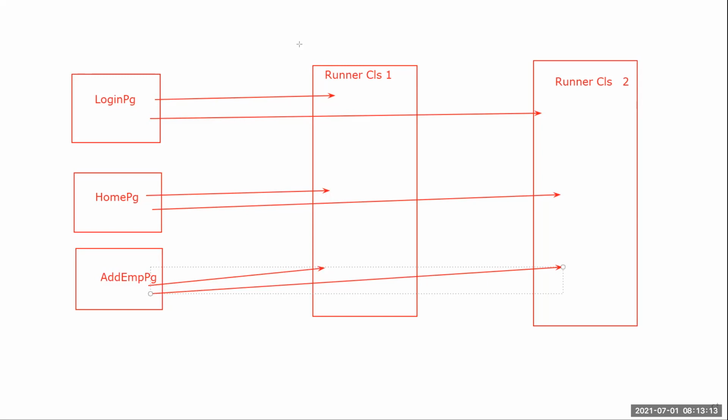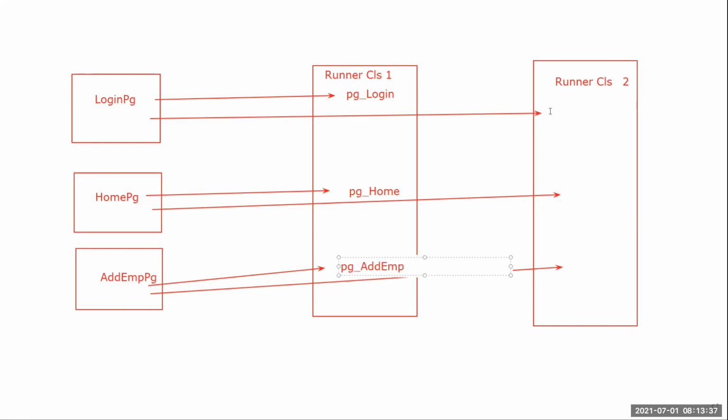So for example, now I'm creating an object when let us assume this runner class is created by person 1 and this is created by person 2. So here the naming convention they followed is page_login, page_home, and here page_addEmp.